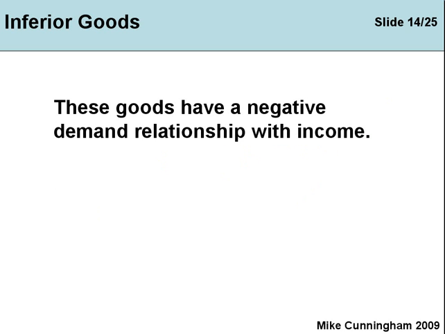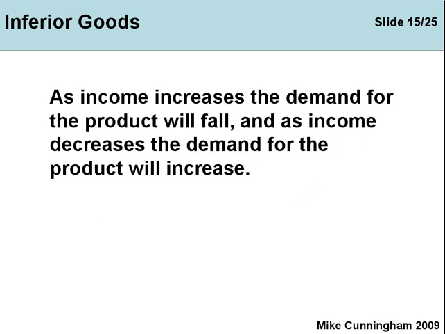Inferior goods have a negative relationship with demand. As income increases, the demand for the product will fall, and as income decreases, the demand for the product will increase. Again, this has nothing to do with the physical attributes or quality of the good. It just means it's a relationship between income and the amount sold as income changes.